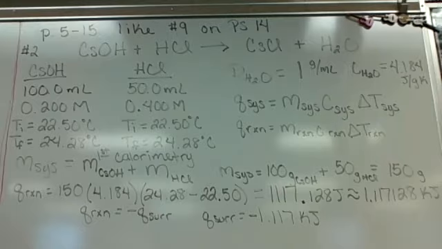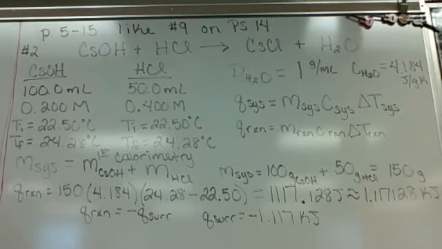We still have not calculated what we want. We want the enthalpy change for the reaction per mole of HCl, but the mole of reaction is the same as the mole of HCl. And the same thing, the mole of the reaction is the same as the mole of CsOH, because all of our coefficients are 1.